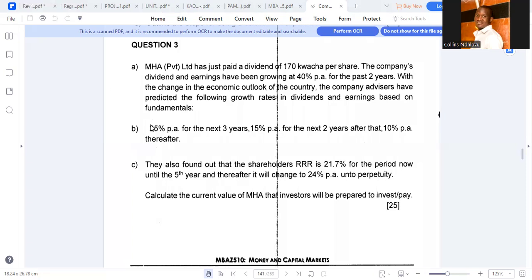They also found that the shareholders' required rate of return is 21.7% for the period now until the fifth year, thereafter it will change to 4% per annum into perpetuity. Calculate the current value of MHA that investors will be prepared to pay. 25 marks.